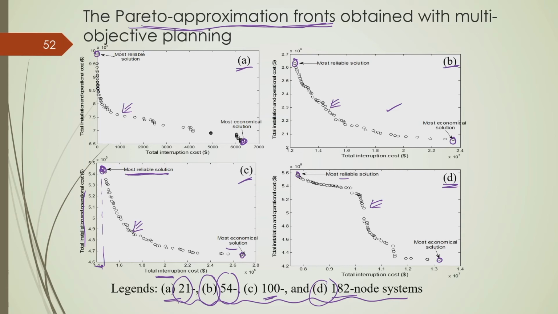So, these two corner solutions are the two best solutions in view of one objective each. Okay. So, one solution is the best solution in view of cost objective, another solution is the best solution in view of reliability objective, that one needs to notice.